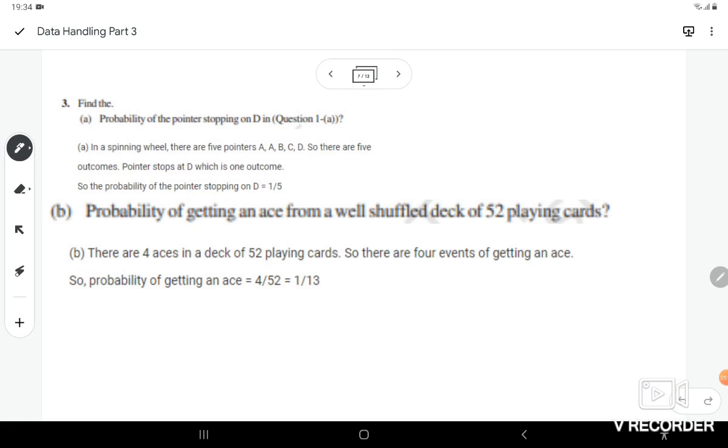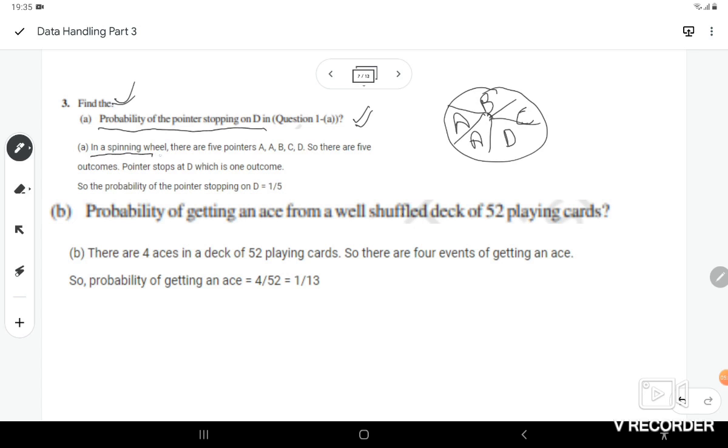Now let's see question number 3. It says find the probability of a pointer stopping at point D in question number 1, where there was a circle and there were two A's and there was B and C and a D. This was the circle. So let's see how we solve it.